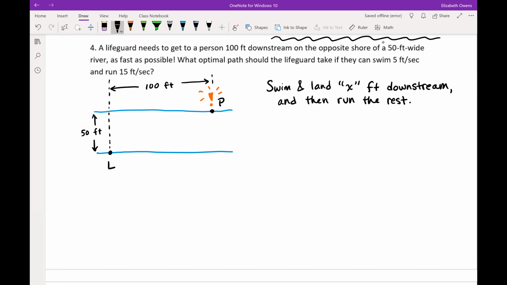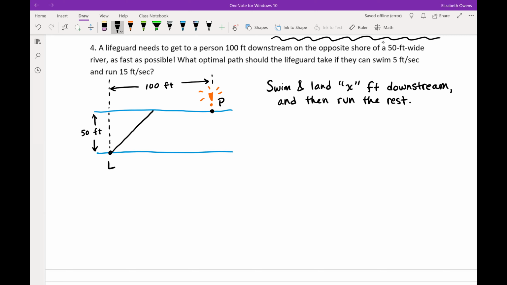X could be 0 if they land no feet downstream, if they just swim straight across. X could be 100 feet downstream if they swim the whole way and cover that whole 100-foot distance. Or X could be somewhere in the middle.